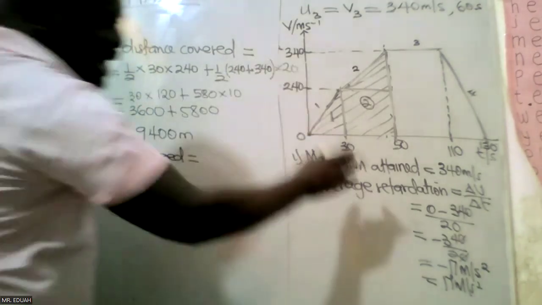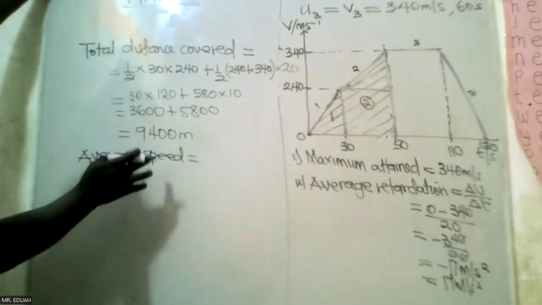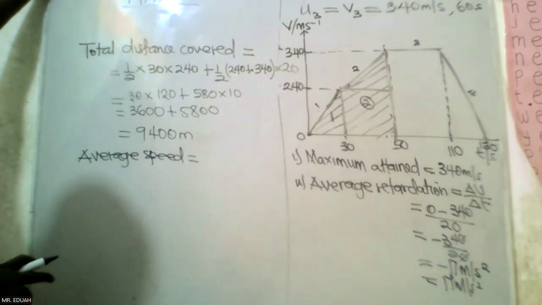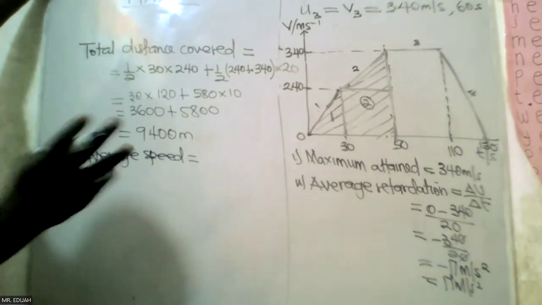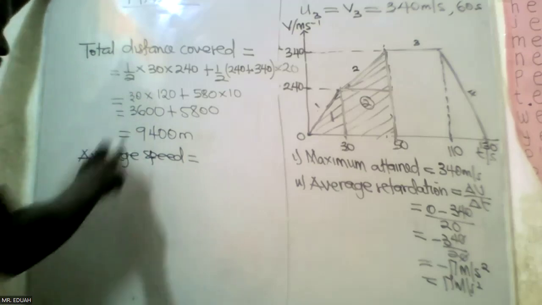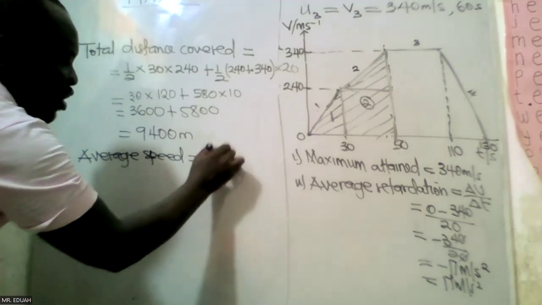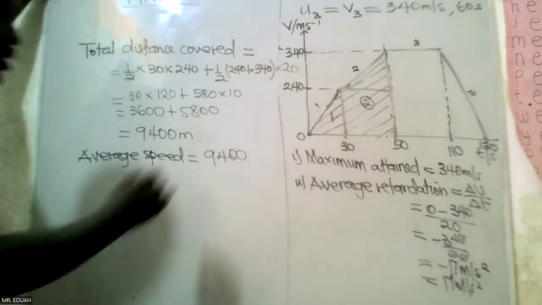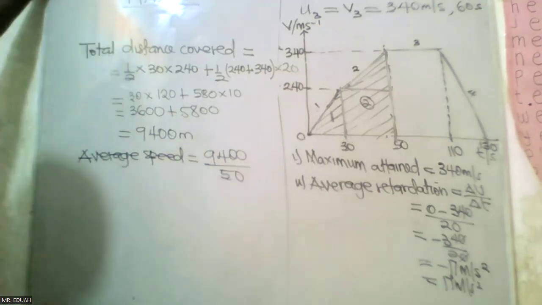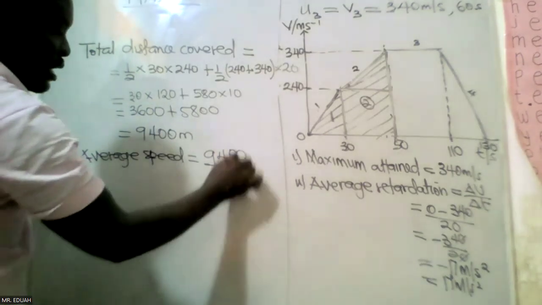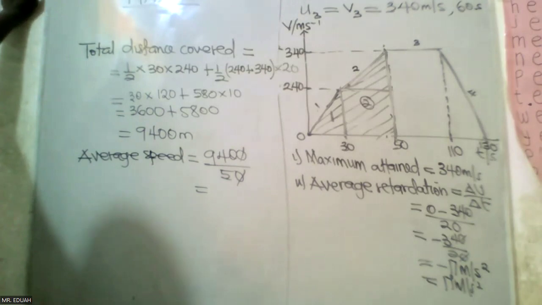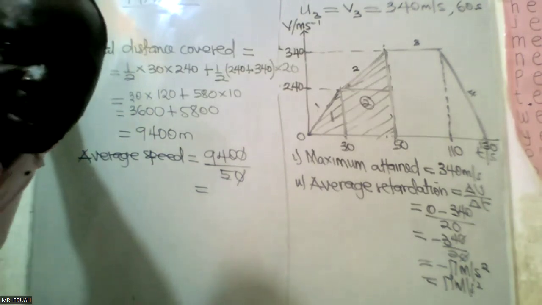What did you get for the average speed during the interval in II? Okay, we don't have time. Average speed is total distance over the total time. So 9400 is the total distance over a time interval of 50 seconds. Okay, so 940 divided by 5.